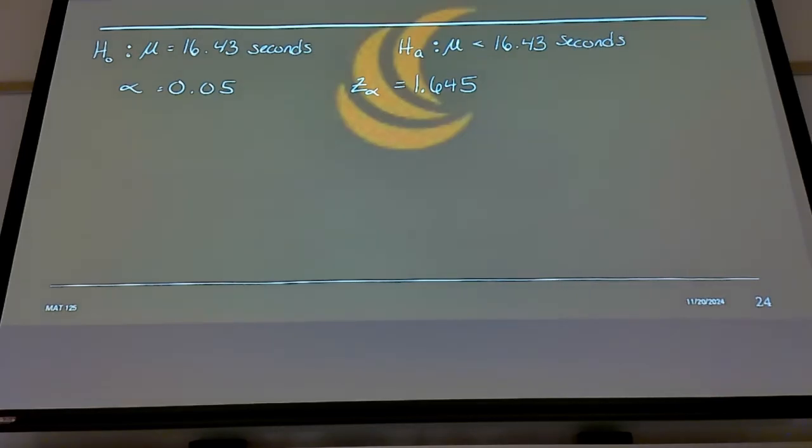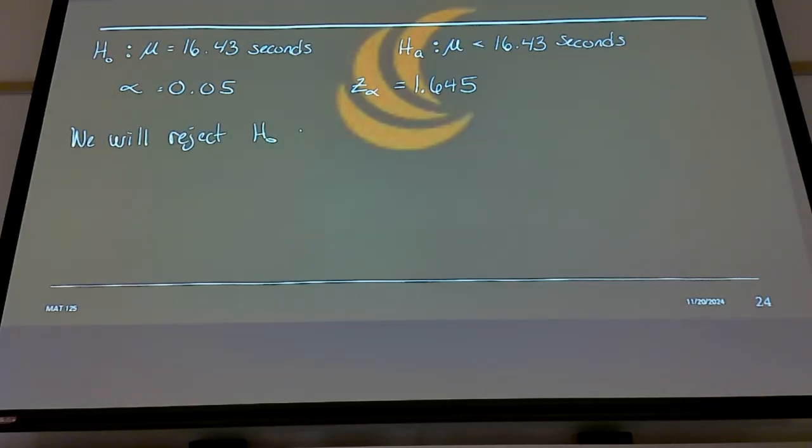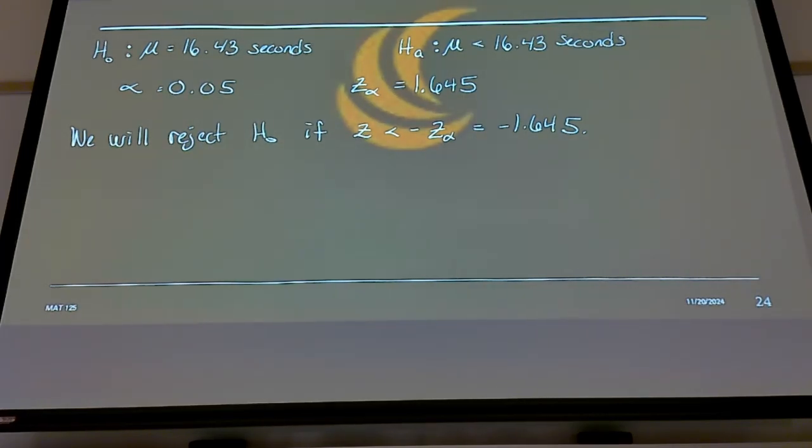The rejection region: reject if z is less than negative the critical value, because it's a left tail.